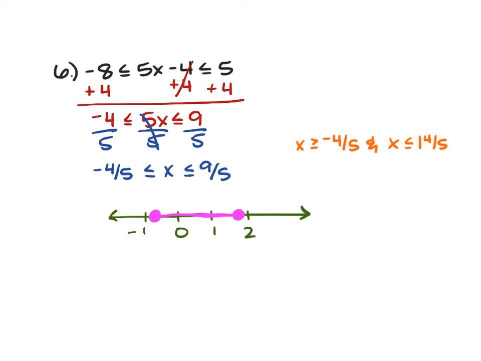Our line goes in towards each other, and then you're pretty much done with your compound inequalities. Just include the two numbers with brackets on them if it's equal to: -4/5, 9/5, and separate them with a comma.